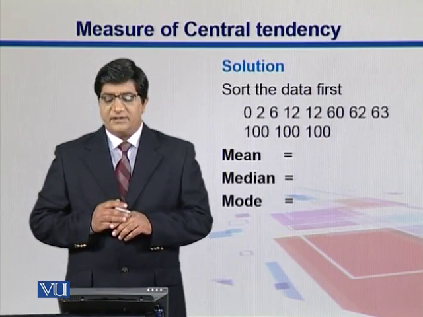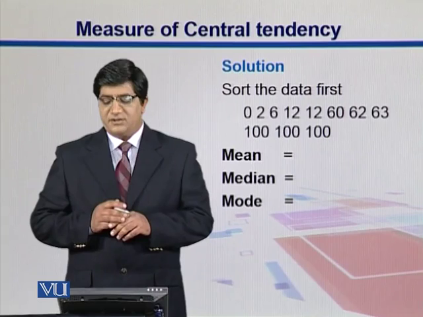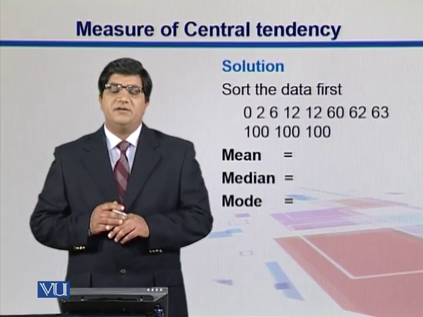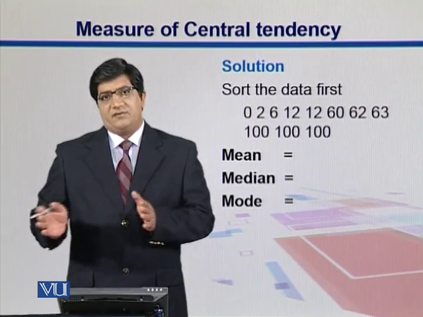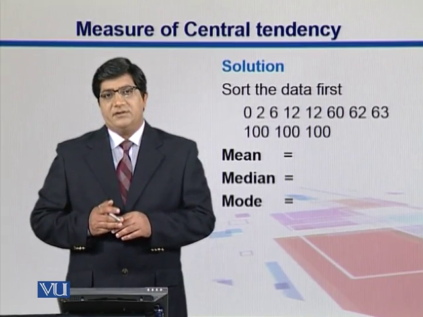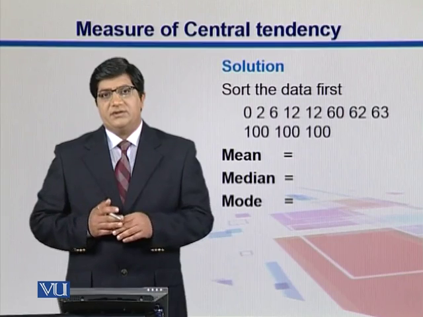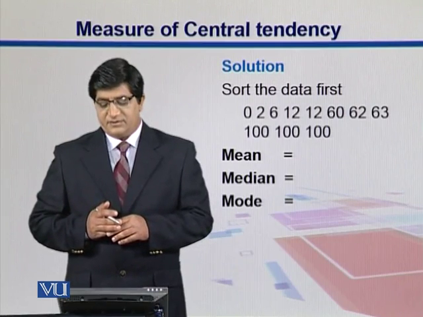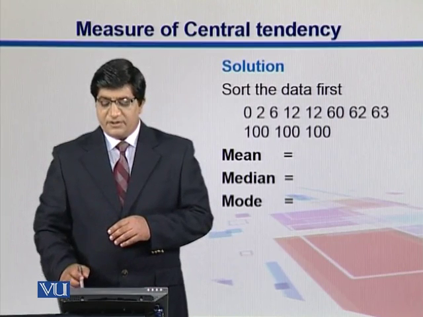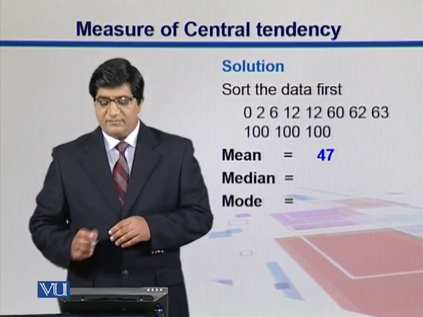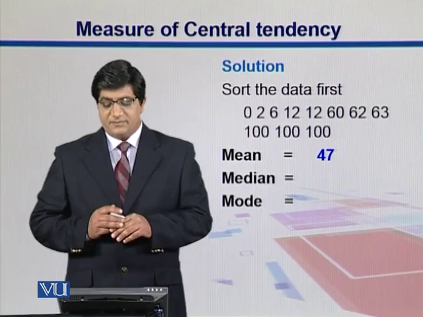When sorted, the minimum is 0 and the maximum is 100, so the range is 100, a huge range. We sum the numbers and divide by the total, so the mean is 47.